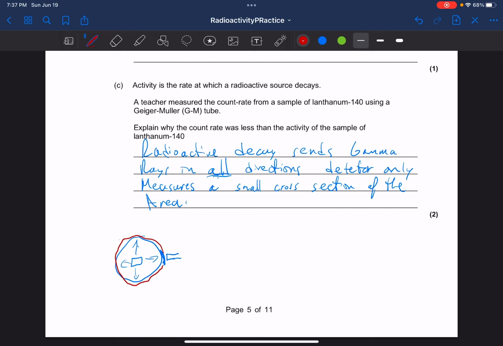So that's what I'm trying to get across with my answer. I would expect you're going to need 1 mark for saying that it extends off in every direction. You're probably going to get 1 mark for saying that the counter only sees some of it.